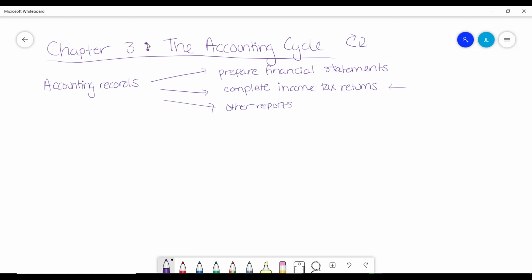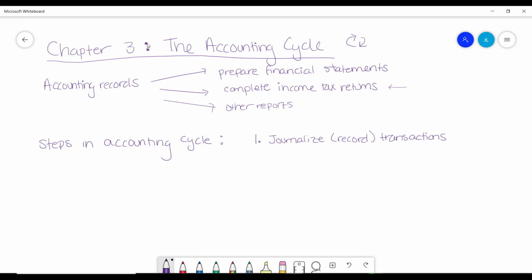So what are the steps of the accounting cycle? These are something you want to make note of, put a star next to, whatever you need to do, because these steps are very important. Step 1 is to journalize, or in other words, record transactions. In Chapter 2, we were recording transactions just using the accounting equation, increases or decreases.